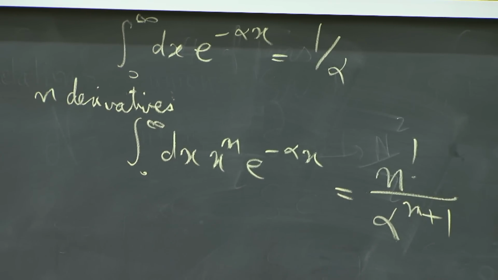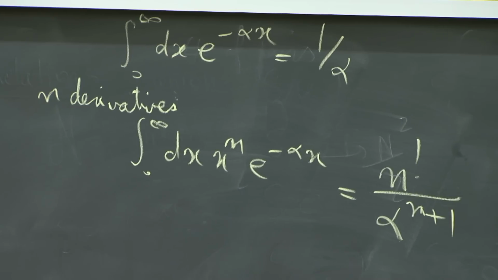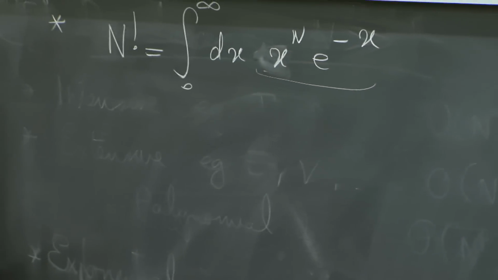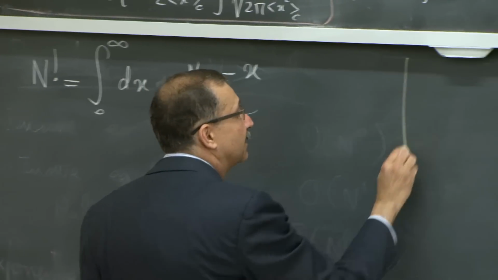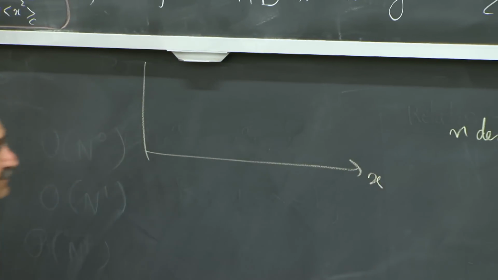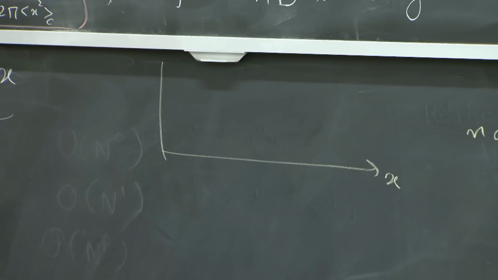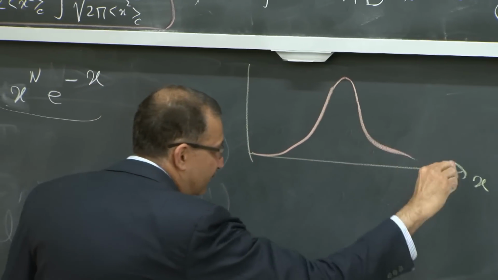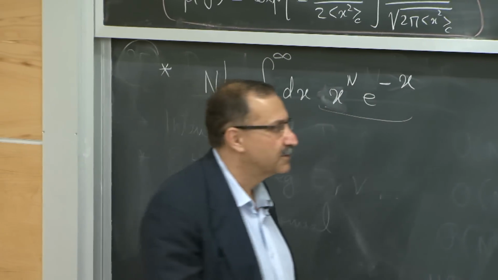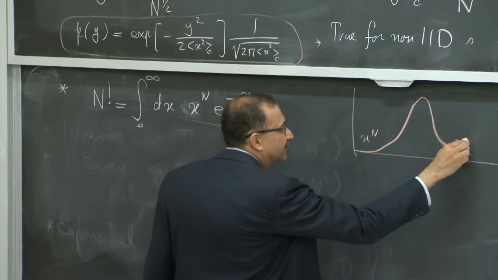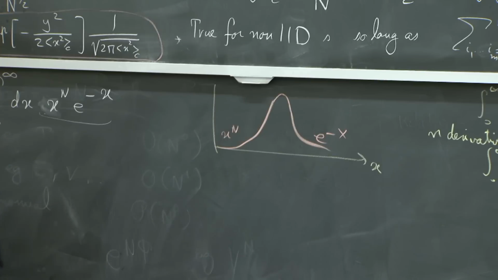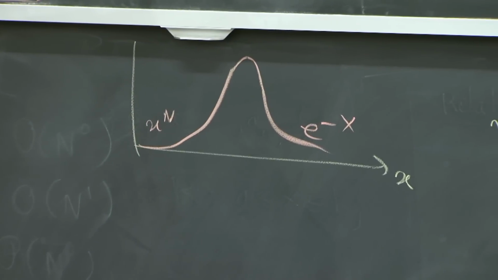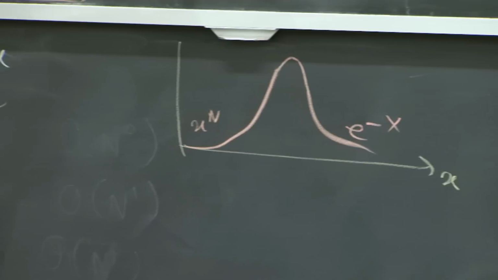Now, if you look at the thing that I have to integrate, as a function of x, the quantity that I should integrate starts as x to the n and then decays exponentially. So over here I have x to the n, out here I have e to the minus x. It is not quite of the form that I had before. Part of it is proportional to n in the exponent, part of it is not.